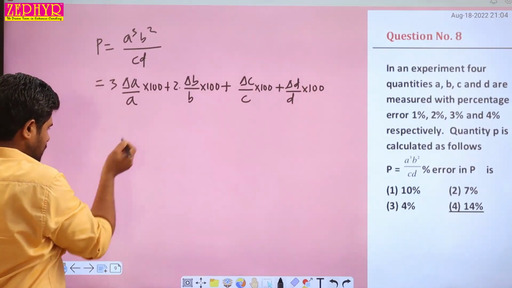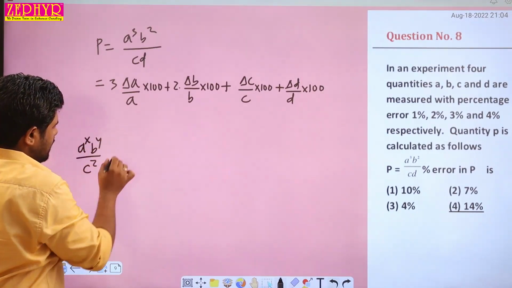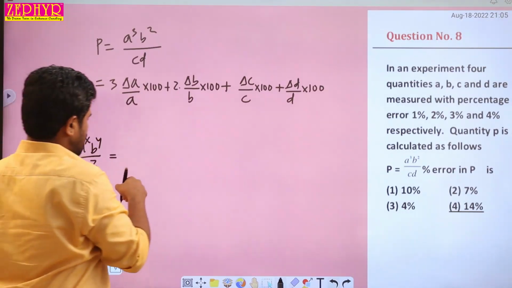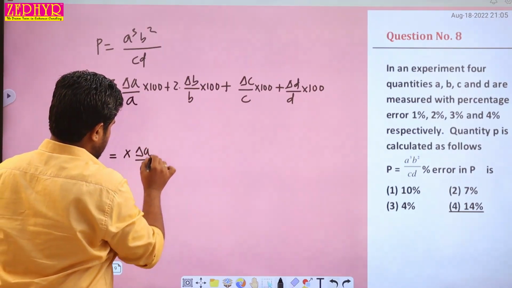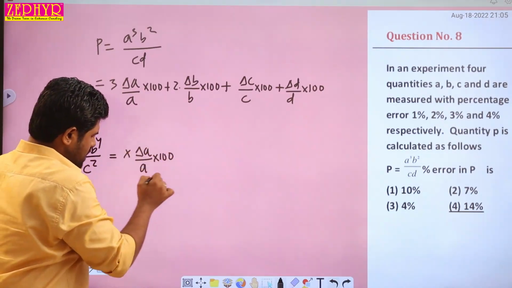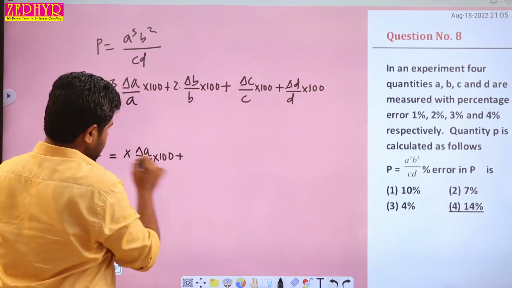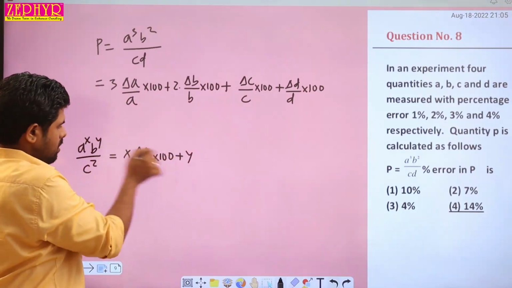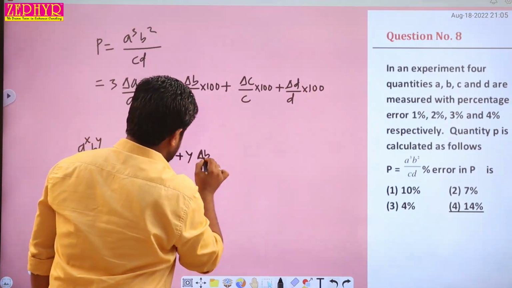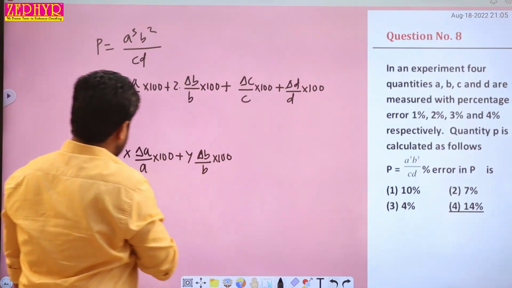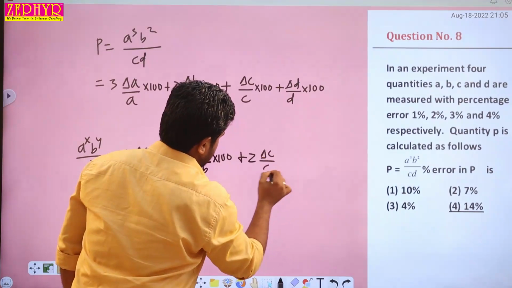If the equation is in the form of A raised to x, B raised to y divided by C raised to z, then the percentage error of this physical quantity is x delta A divided by A into 100, plus y into delta B divided by B into 100, where y is the power in the case of B, then plus z into delta C divided by C into 100.